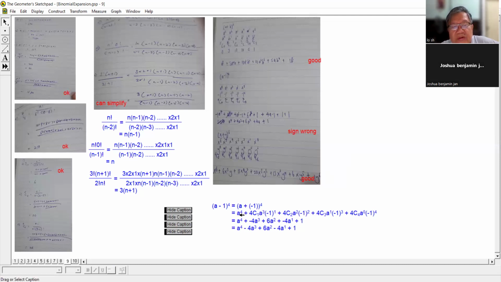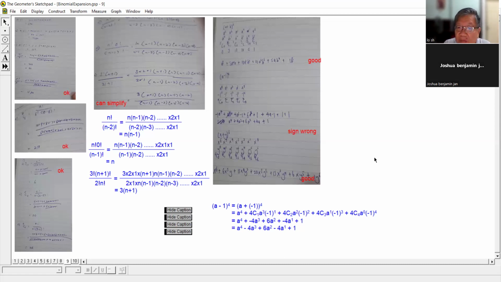So what you need to do is you write down A, it will be 4C0, A to the power of 4, B to the power of 0. Now you don't need to do the matching like this, because earlier on I told you there is a link between the A, B, and the coefficient in a particular term.